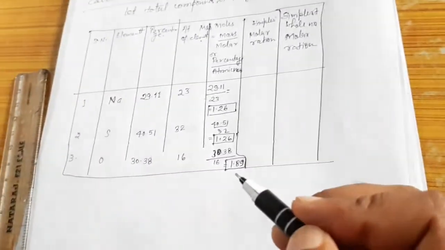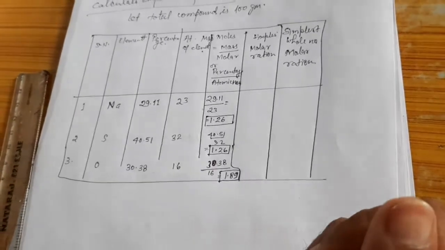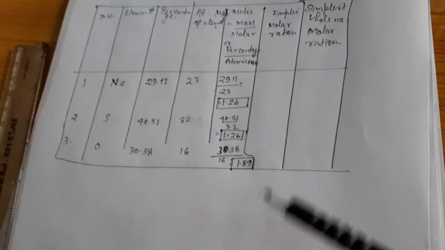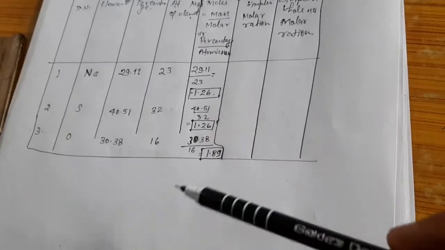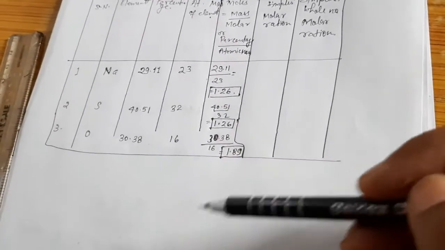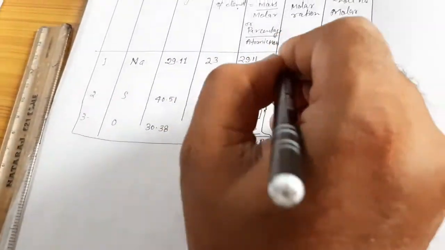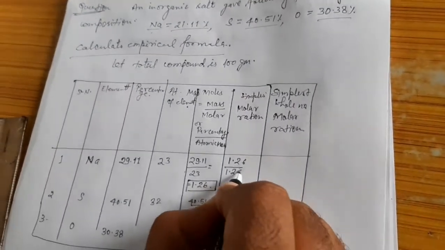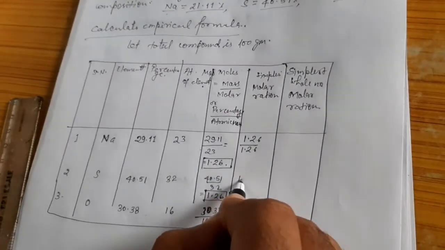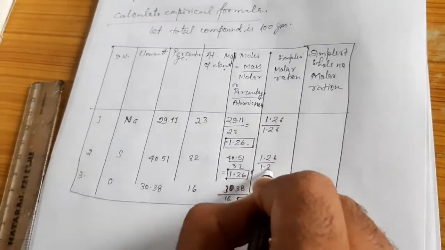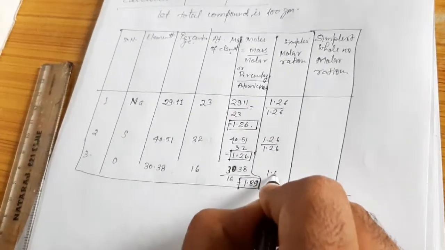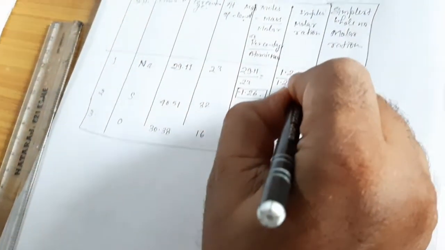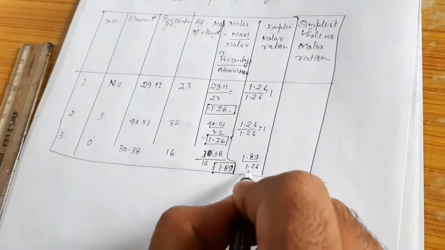Now divide by the smallest number of moles, that is 1.26 in this case. So 1.26 divided by 1.26, and for this 1.89 divided by 1.26.